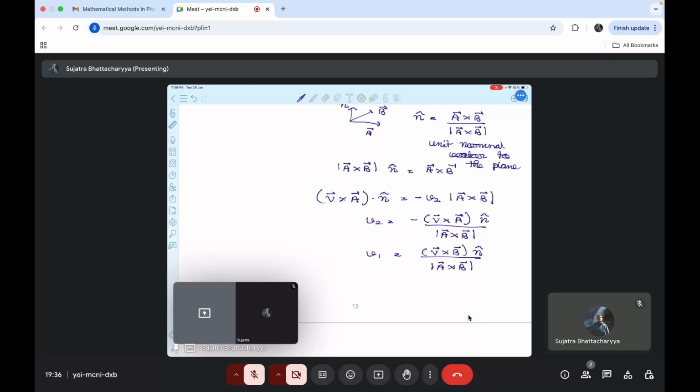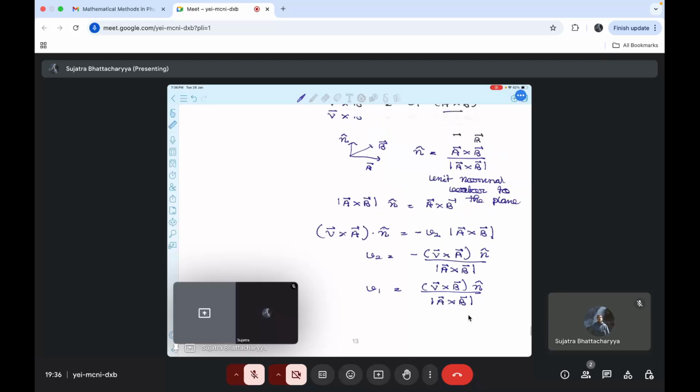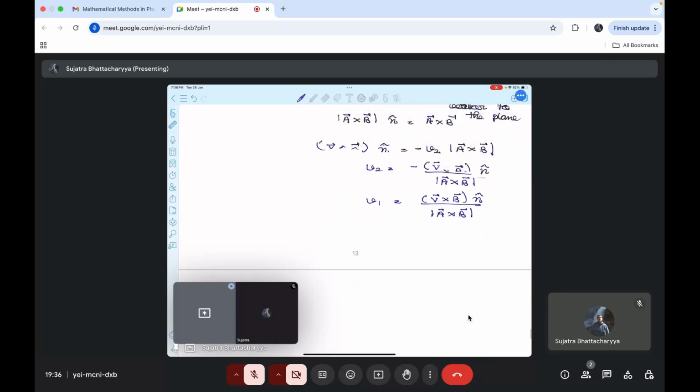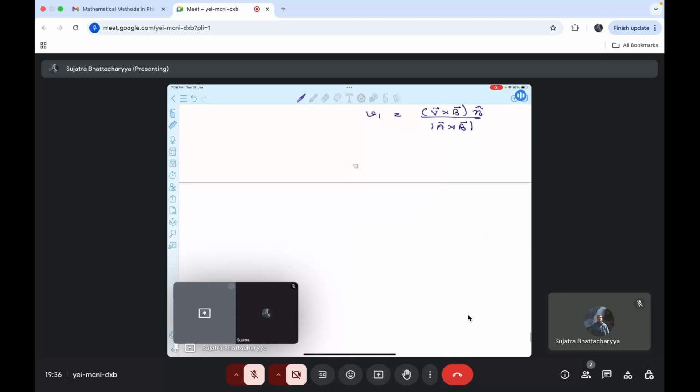So this is how you can write it, and therefore the actual vector v can be written as v cross b dot n hat divided by mod of a cross b, times vector a, plus b cross a dot n hat divided by mod a cross b, times b.